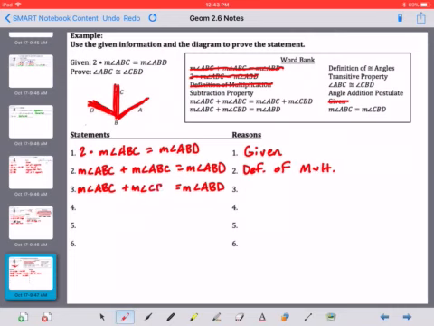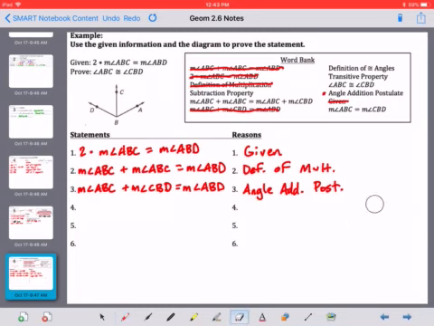All right, do you remember why we can say that those 2 smaller angles added up make the whole angle? All right, well, we use this reason. Is it the subtraction property, the transitive property, definition of congruent angles? That's actually this one right here, the angle addition postulate. Remember, 2 smaller angles added up equal the whole angle.